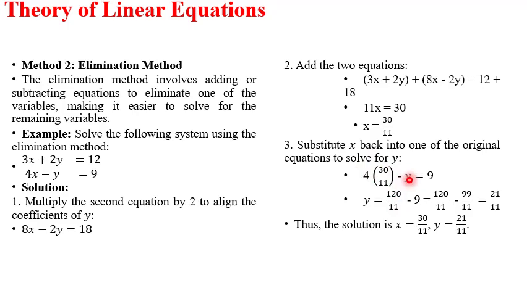So we can then add y to both sides and subtract 9 from both sides, and if we do that, we have y equals 4 times 30, that will give us 120 all over 11, minus 9.